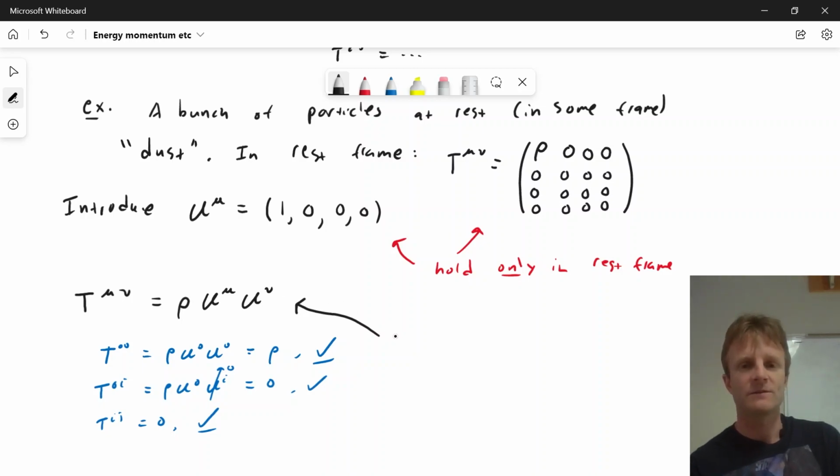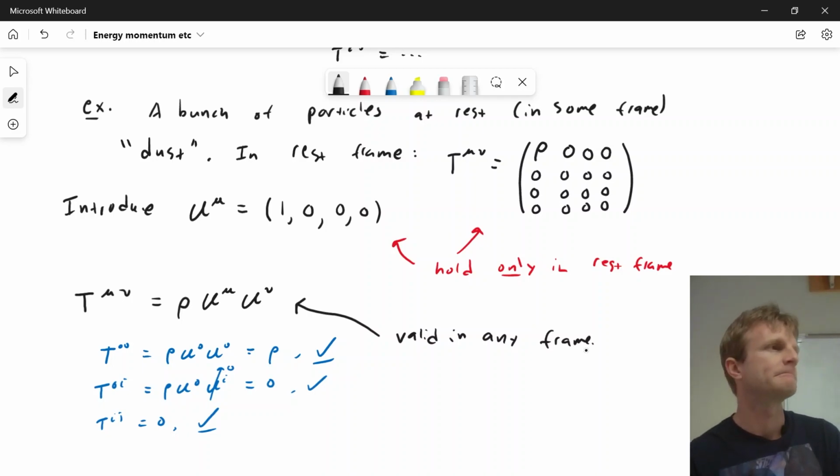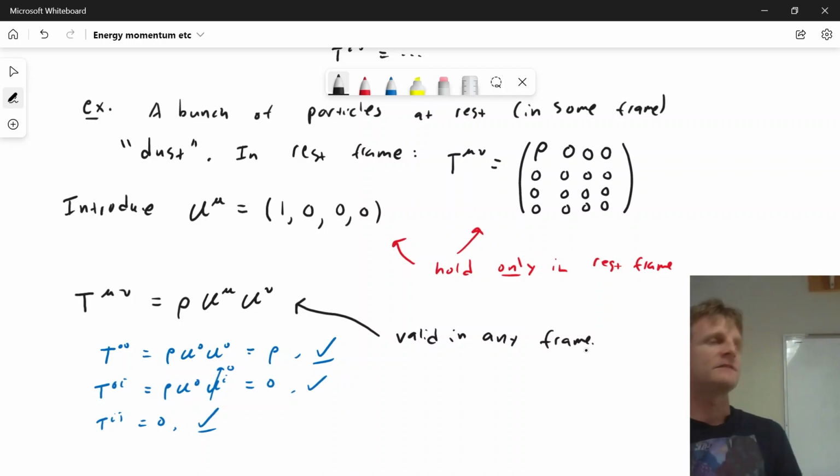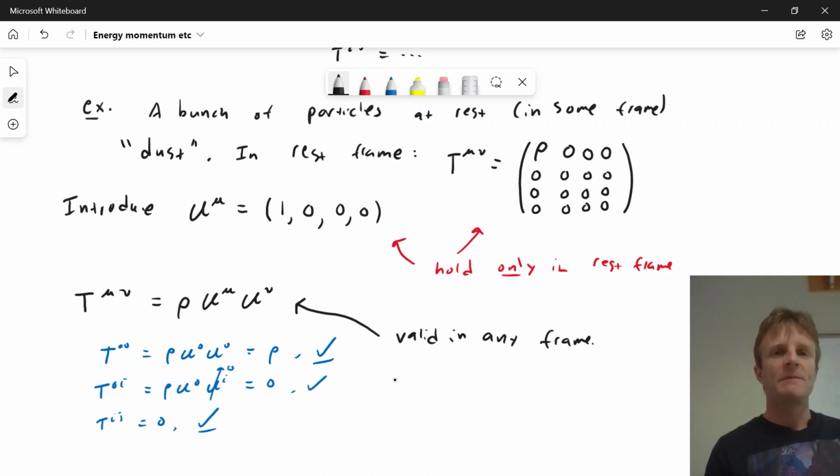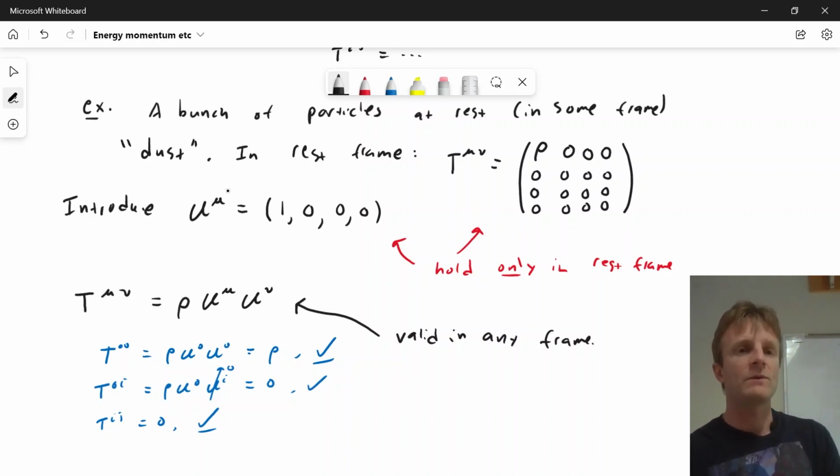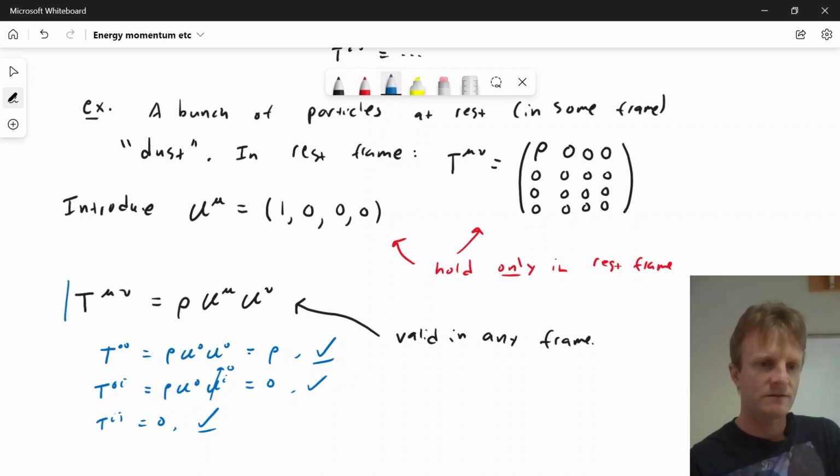Okay? So this is valid in any Lorentz frame. It's a very simple trick, but we want to think of what we mean by dust as the equation valid in any frame.